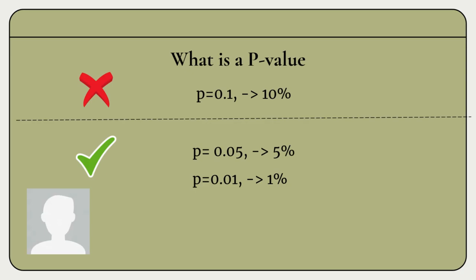Here we see which p-value is accepted. So it's a margin of error, I guess. Like 5% margin of error is okay, 1% margin of error is okay, or the probability of error is okay. But 10% probability of error is not okay.